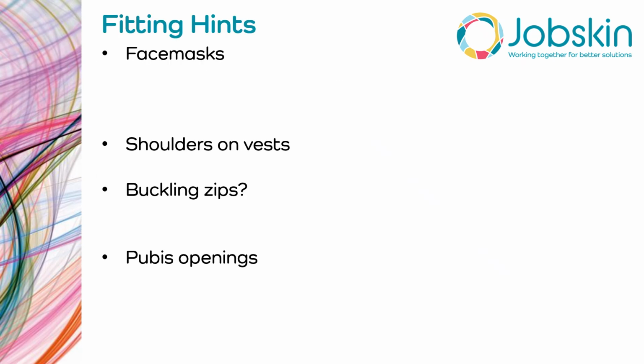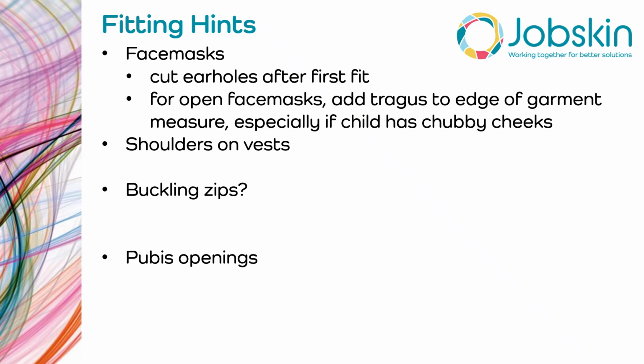Now, a few fitting hints. So face masks. Jobskin strongly recommends that we don't supply a face mask with the ear holes already cut, because you could have a measurement for a very chubby faced child or a more angular faced child that are exactly the same, but the proportion around the circumference is different.